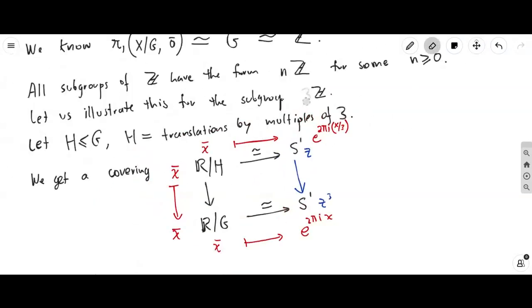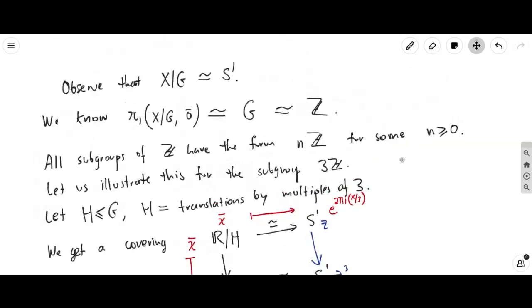So the subgroups nZ, if n is a positive integer, just correspond to this z to the n map. Of course, if n is equal to 0, then that corresponds to the trivial group, which in the end will correspond to the universal cover, right? That's the extreme case.